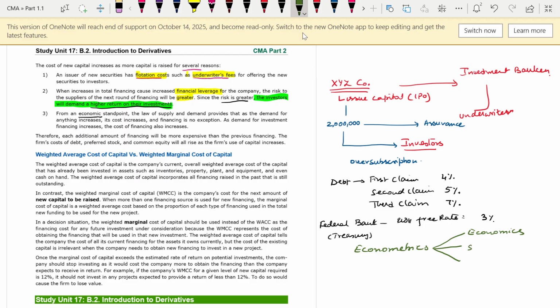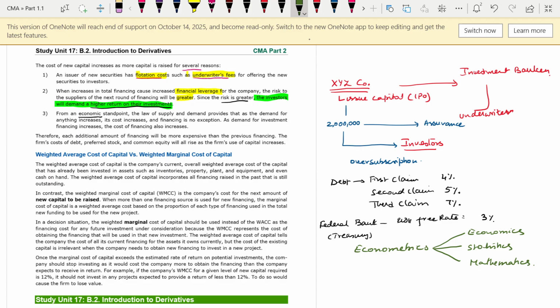Economics will be there, statistics will be there, and mathematics will be there. Geniuses, they will devise the policies. Finance is only an application. Finance is not that core thing. Finance is only an application.